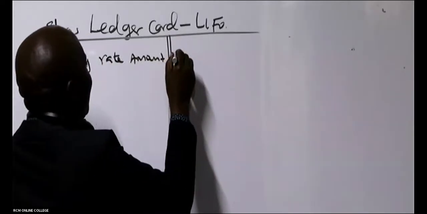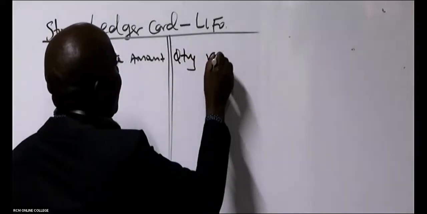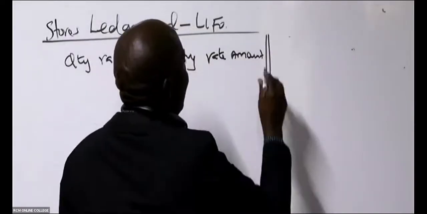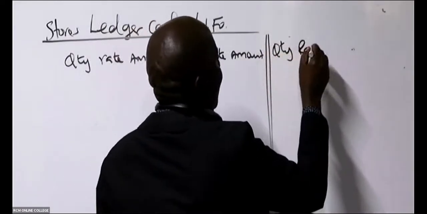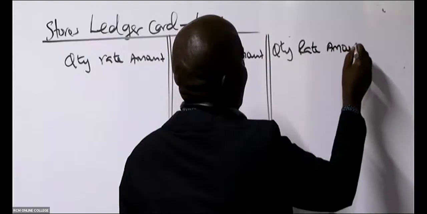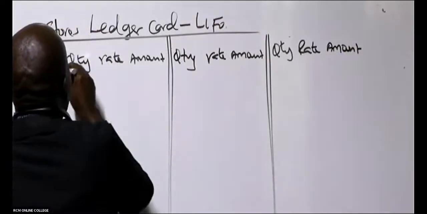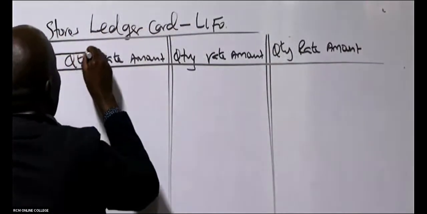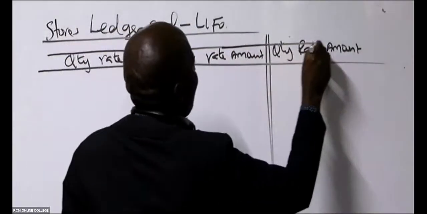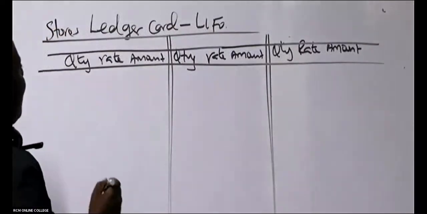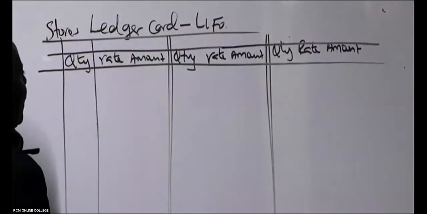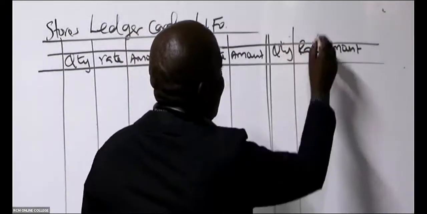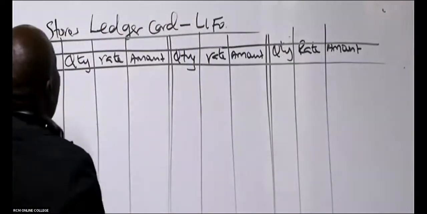Then again quantity, rate, amount, two lines, and again quantity, rate, and amount. The space that you skipped up here, you will now divide like this.